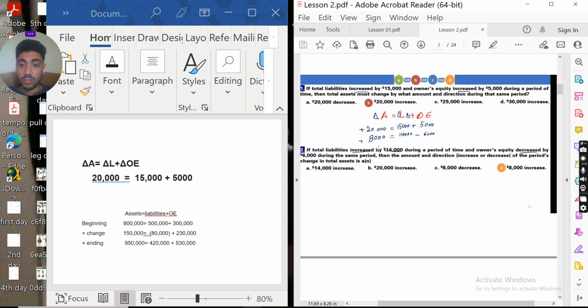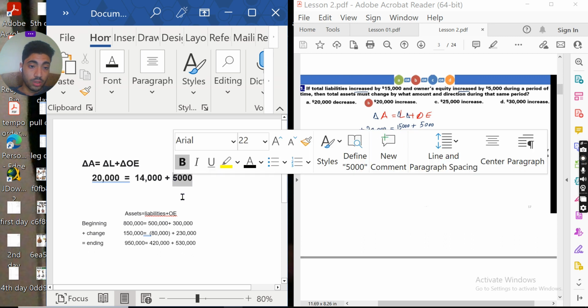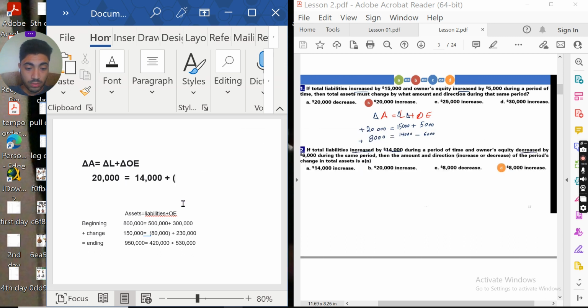If total liabilities increased by 14,000, okay, so we will remove the 15 and add 14 during a period of time, and owner's equity decreased by 6,000. Okay, so we will add 6,000 in brackets. And then we have 14,000 minus 6,000, which gives us 8,000 positive, not negative.